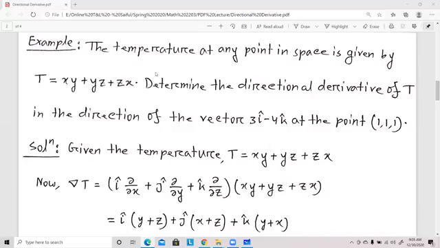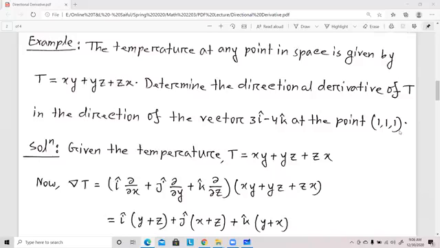Suppose we are given a heated body, and the temperature distribution of this heated body is given by the function T equal to xy plus yz plus zx, and we have to find the directional derivative of T at the specific point (1, 1, 1), since in that body there are infinitely many points.